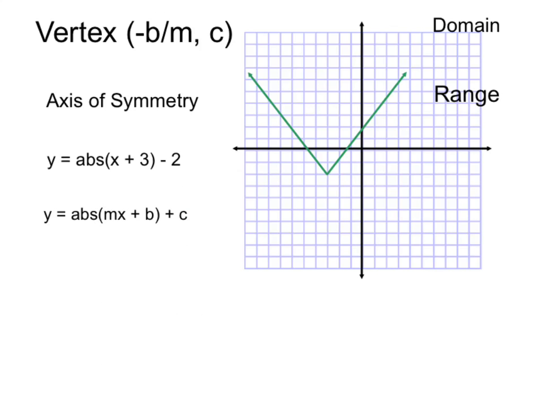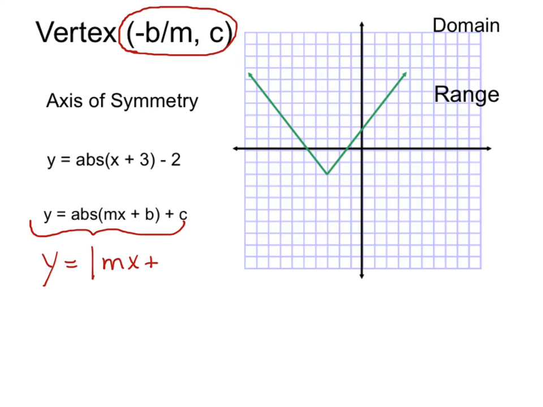Okay. Some things that we need to note. The first thing, they don't prove it or anything, and that's okay. It tells us the vertex of any absolute value function written like this. Let me write it in a form you'll see more frequently. Instead of ABS, we use the absolute value symbols.